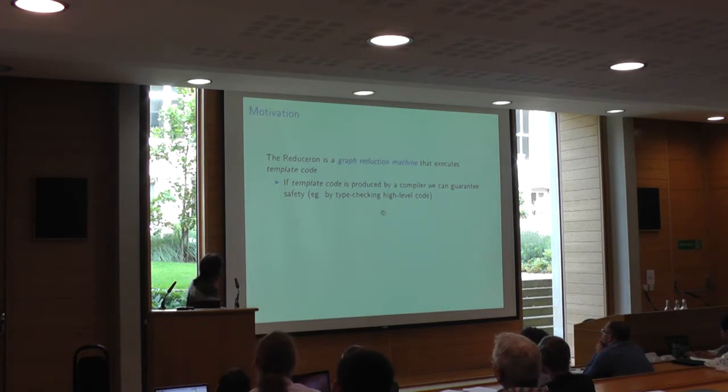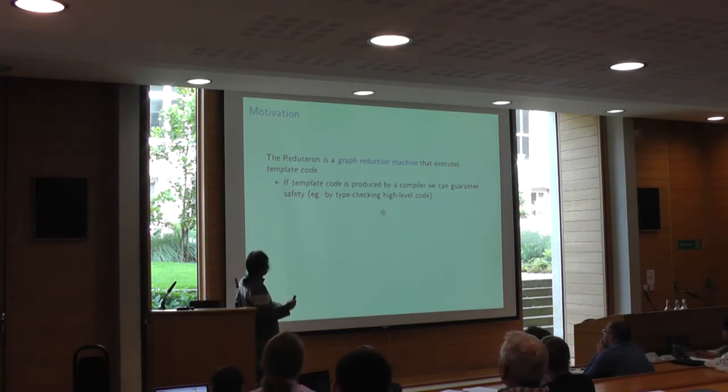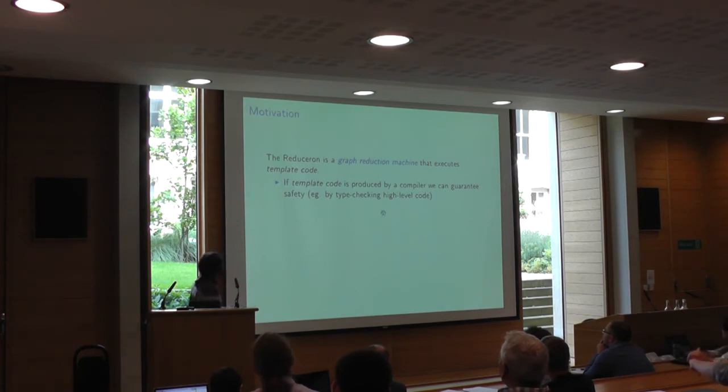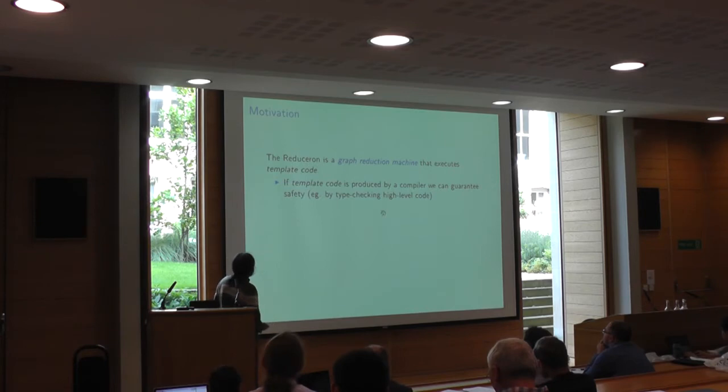If the template code or the low-level code is produced by some compiler, the best compiler in the history, we can provide some kind of type checking, for example, by type checking the high-level code.